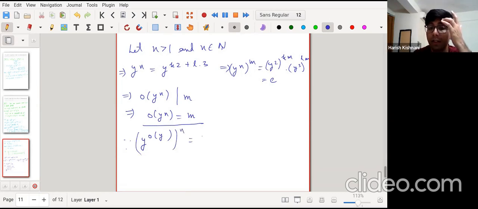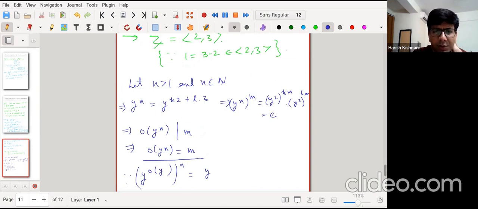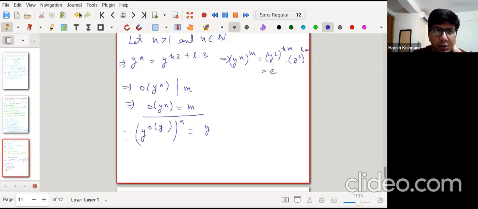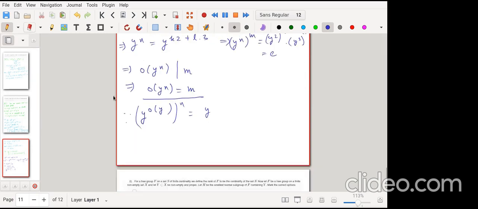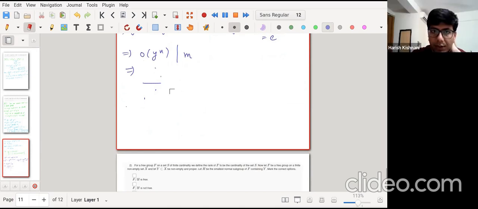But it won't give you anything now. It will be just y^n raised to order of y, which implies that order of y^n divides m, which we have already got. So that doesn't make anything.